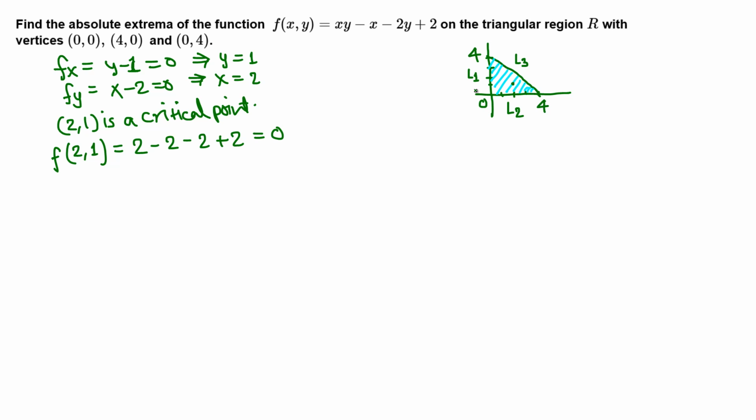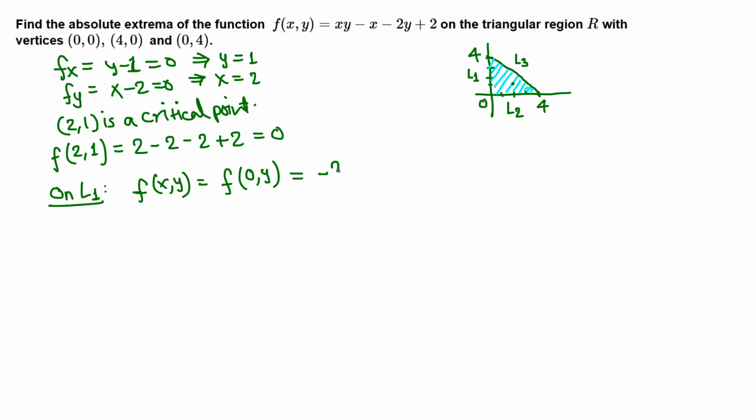So let's work on L1. On L1, we know the equation of this line, which is x equals 0. So this function f(x, y) is in fact f(0, y), because x is 0 on this line segment, and f(0, y) means this function reduces to 0 times y, minus 0, minus 2y plus 2.